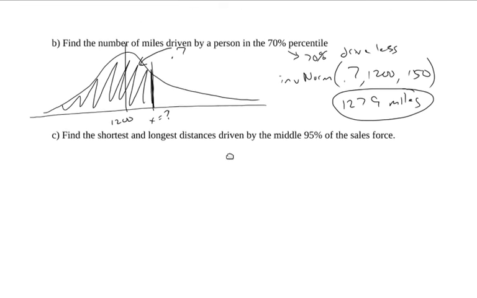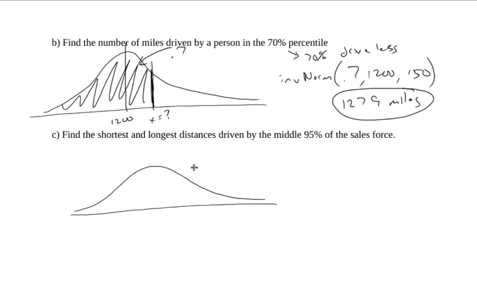If we wanted to find the shortest and the longest lengths driven by the middle 95% of the sales force, well, the middle 95%, so we want the total area here to be 0.95. So they're trying to figure out the vast majority of people in the company drive within these two bounds.